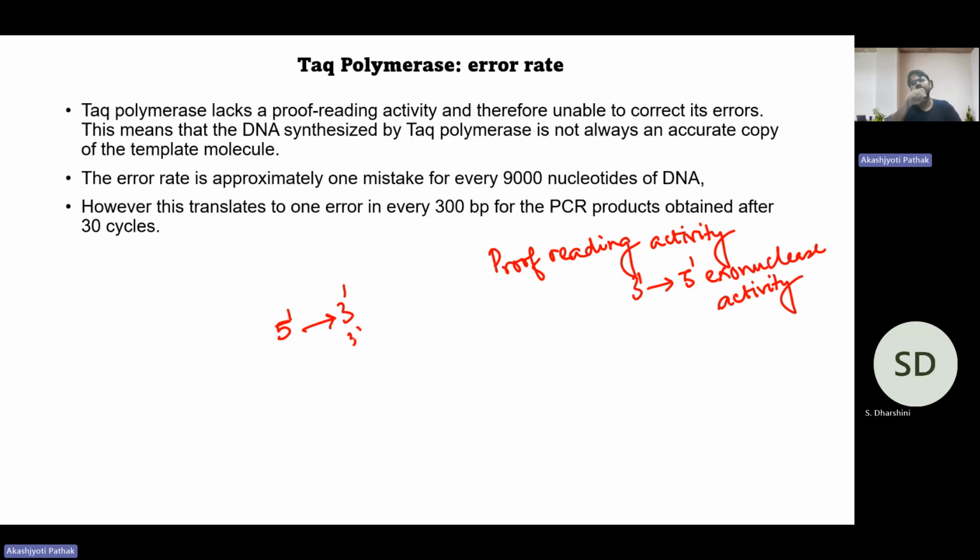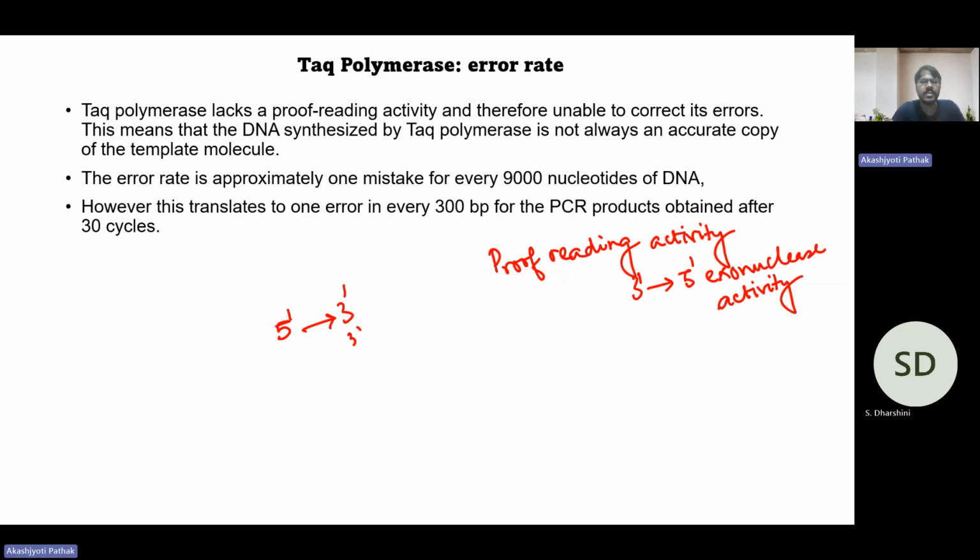So, for example, you are writing an essay. What you do, you write a line and then you go back and check whether you have made any mistake. In a similar way, your polymerase also works. It synthesizes in the 5' to 3' direction, and then if that enzyme has 3' to 5' exonuclease activity, then it will go back and check whether it has made any mistake.